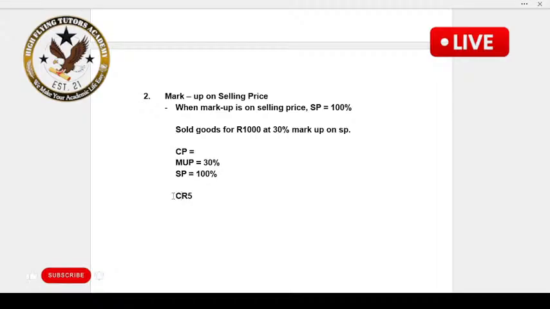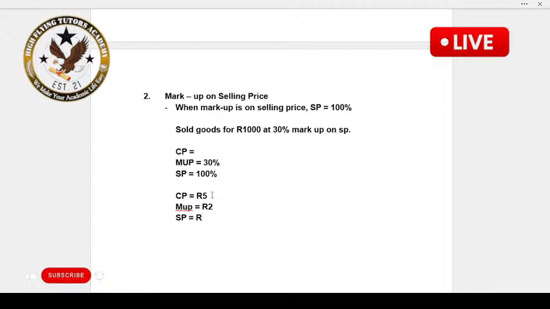We'll come back to the percentage for better understanding. Let's say the cost price when you purchase one tomato is 5 rand, and then you're going to add a markup or profit of maybe 2 rand. It means you're going to sell at 7 rand, right?